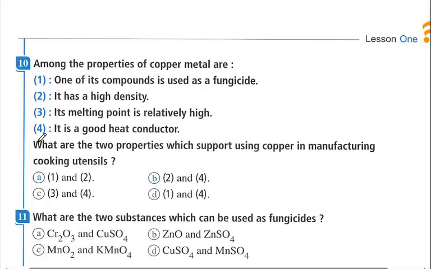Cooking utensils should be a good heat conductor to conduct heat to the food inside, and must have a high melting point so as not to melt during cooking. So these are the two properties convenient for manufacturing cooking utensils from copper. So it is 3 and 4. The correct answer here is C.